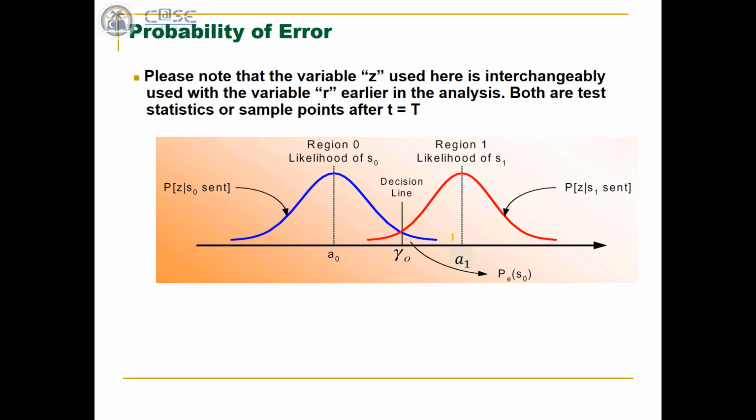So these are the error events, and how many such error events can you have? If you see these tails, the blue tail here starting from gamma naught till infinity, and the red tail there starting from minus infinity till gamma naught, these are all those points for which you are going to make errors, right?